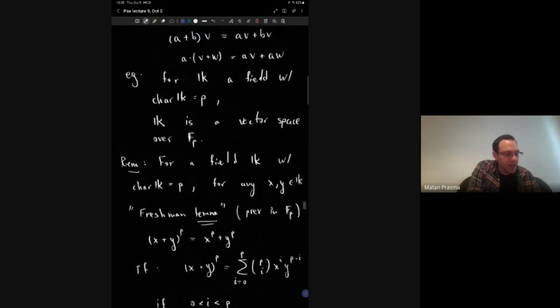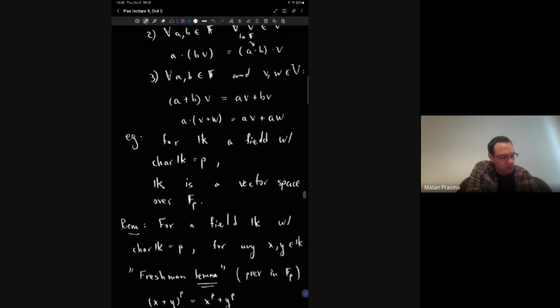Okay. So this is an aside, but what we really care about, because we want to understand general fields of characteristic P, is that this structure of a vector space over FP is the first stepping stone into classifying fields of characteristic P. And what we really need to do about the structure of vector space is again to classify vector spaces, more specifically what is called finitely generated vector spaces.